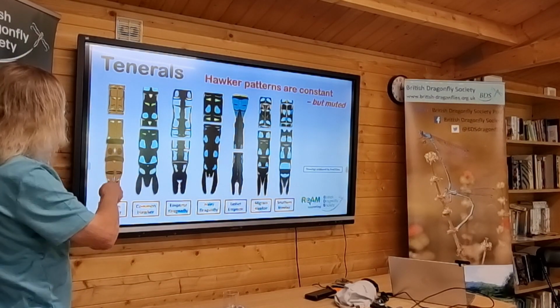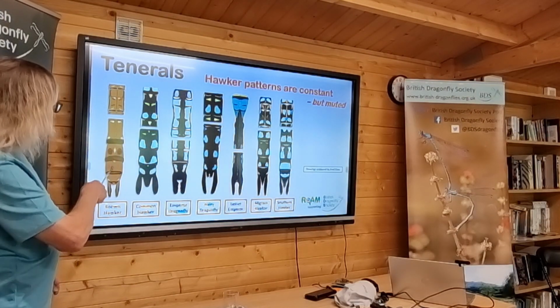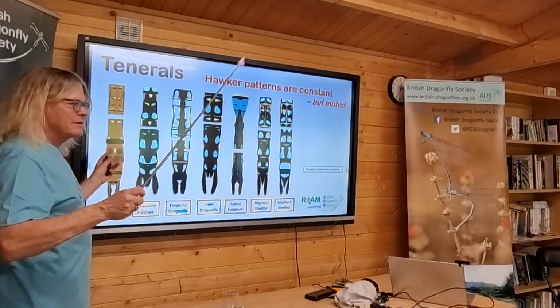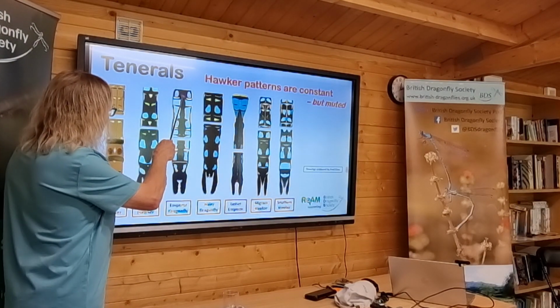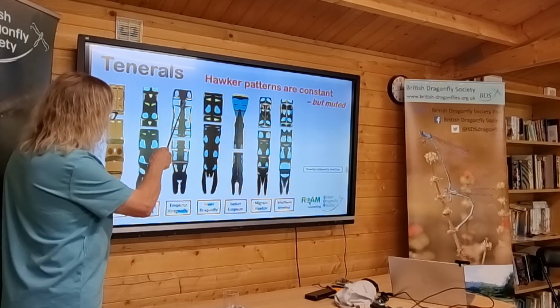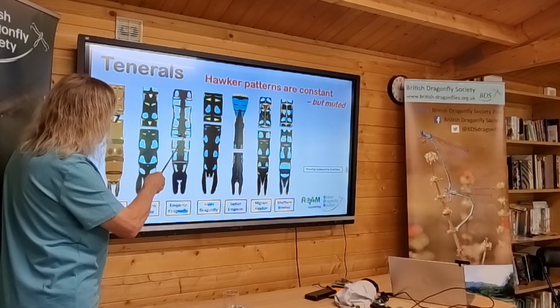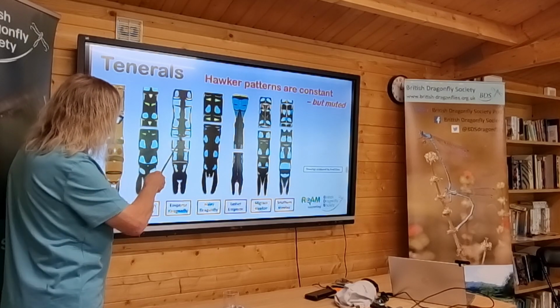The brown hawker is pretty obvious because it's brown. It's a big insect with beautiful brown wings. Lovely big insect. The emperor tends to have a quite wide black marking all the way down, with no break through it.